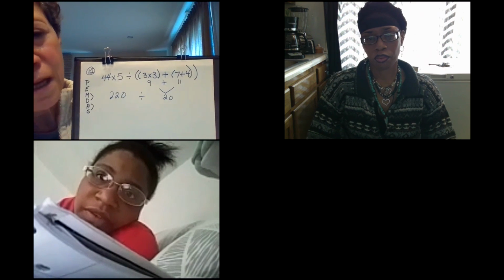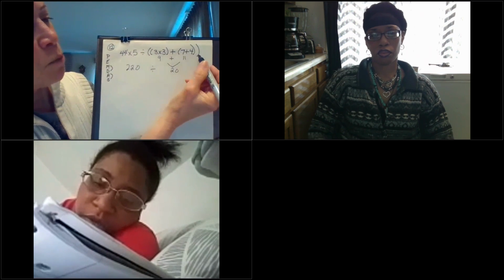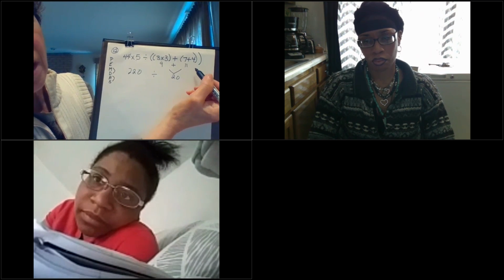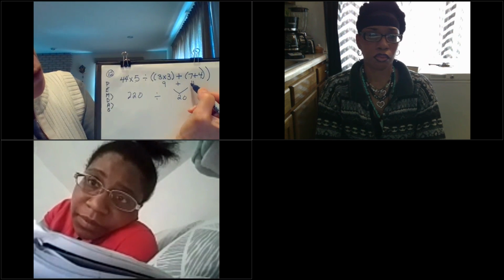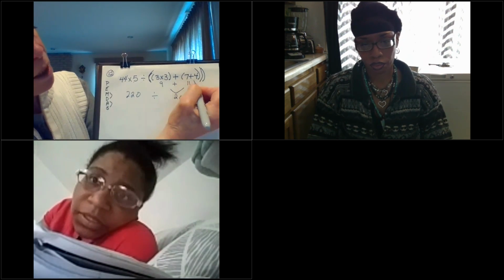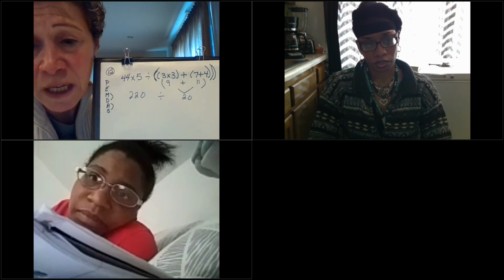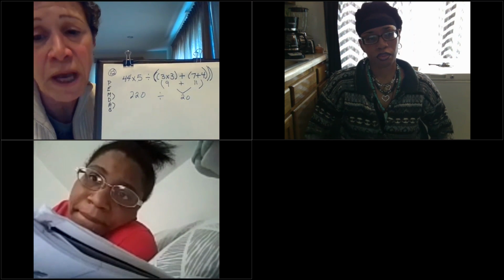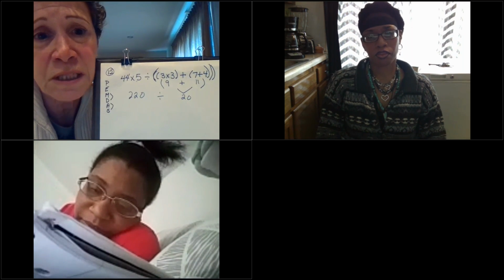I went straight to the division problem because of division coming before addition. Right. But the problem was that we had a double parenthesis here. We did the parenthesis 3 times 3 is 9, and then parenthesis 7 plus 4 is 11. But we still had another parenthesis right here. Oh, I didn't see that extra parenthesis. So that's why it would be 20. You have to add that first. Yeah, I gave you an extra parenthesis.